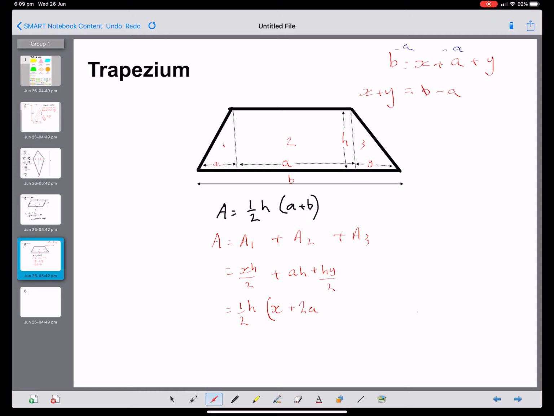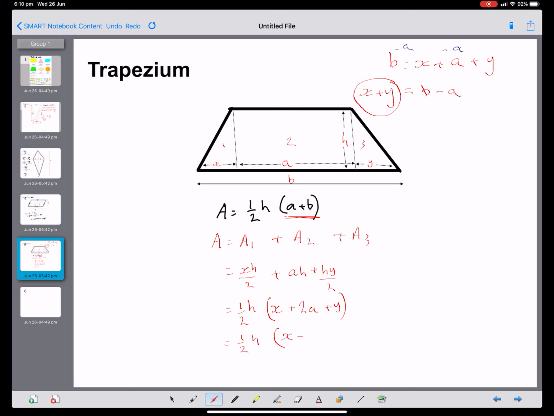And we can take out a half H here to get Y. Okay, as you can see, we have X and Y here, which is the same as XY here. And if you can see, we want A and B in our formula. So let me rewrite that to show you.